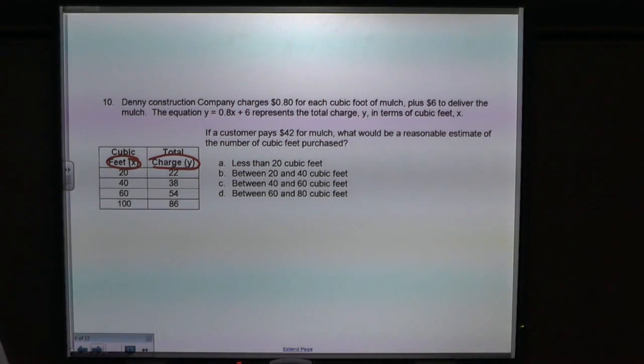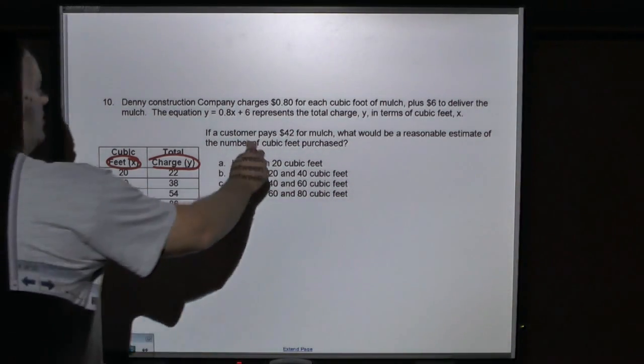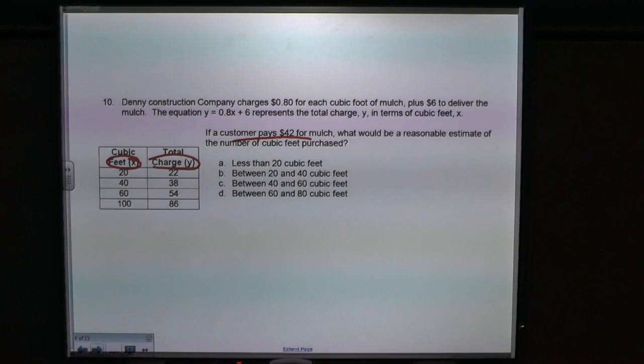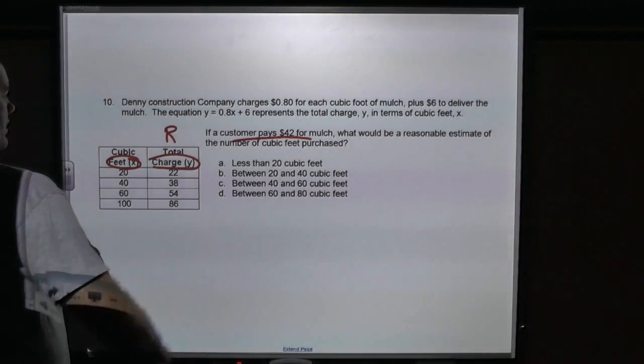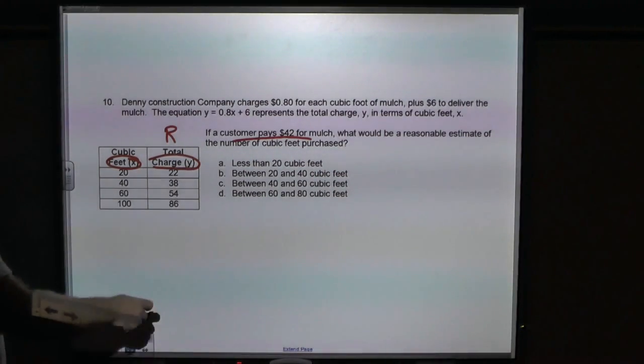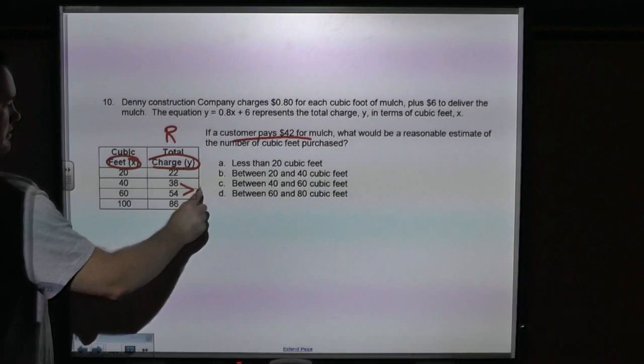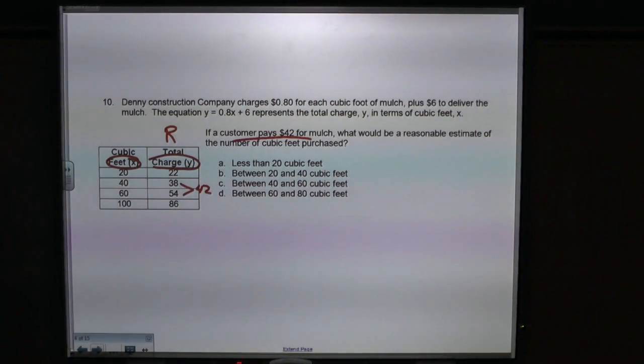Well, so the question asks, if a customer pays $42 for mulch, what would be a reasonable estimate of number of cubic feet purchased? Well, the information you're given is you're actually given the range, 42. So that's this right here, your range. The problem is you don't see a 42 on here. But what you do see is that 42 would have to come somewhere between that 38 and 54.